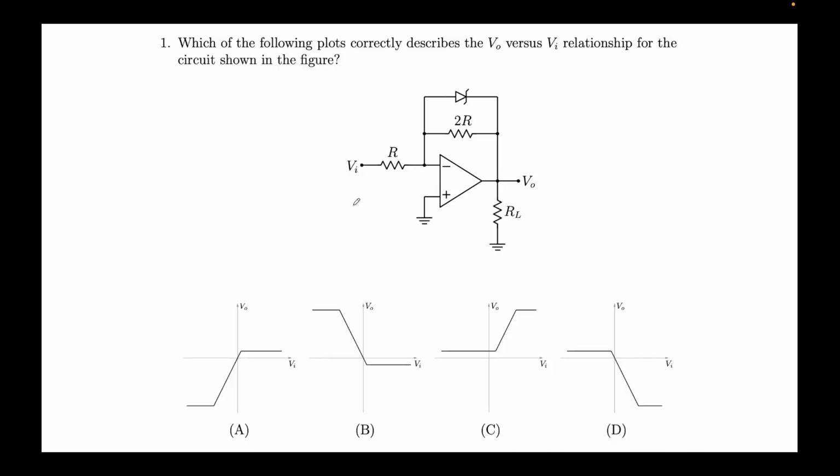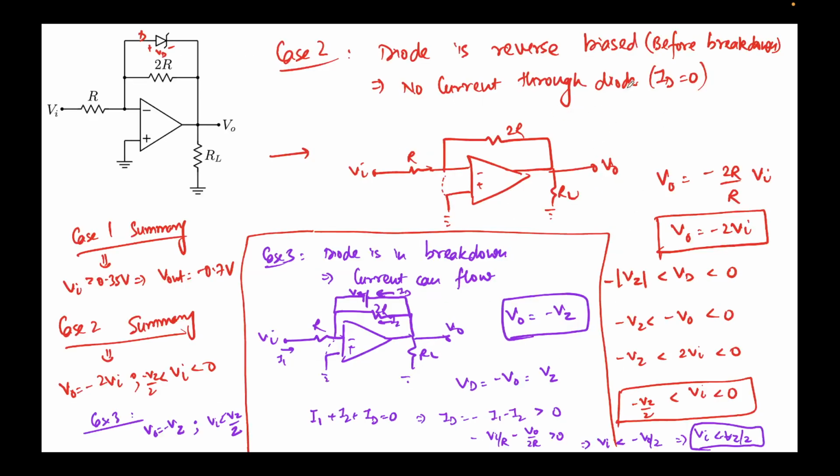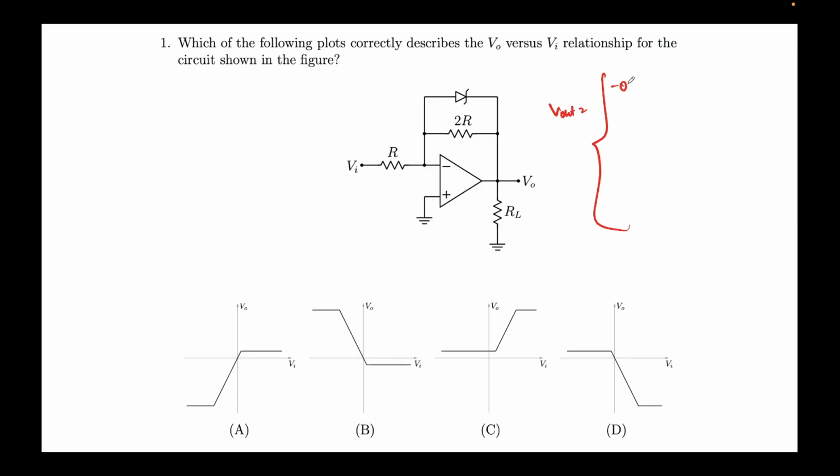So the first case: V out was given by minus 0.7 volts when Vi is greater than 0.35 volts.